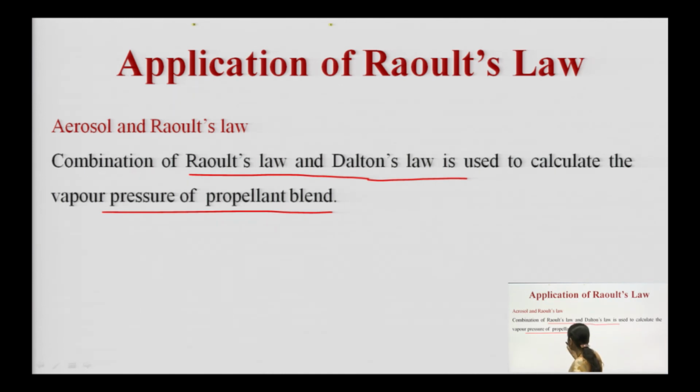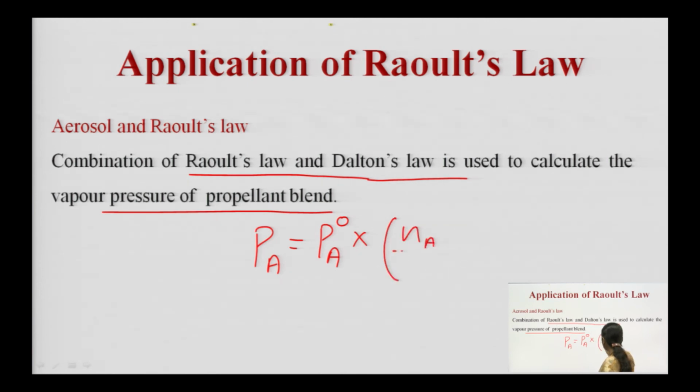Here we calculate the partial pressure by using Raoult's law. As we know, if Pa stands for the partial vapor pressure, it is equal to the vapor pressure of A multiplied by Na divided by Na plus Nb.